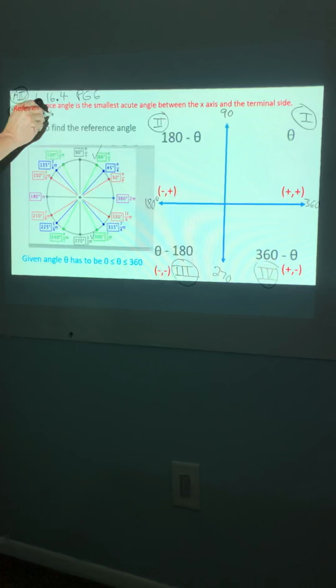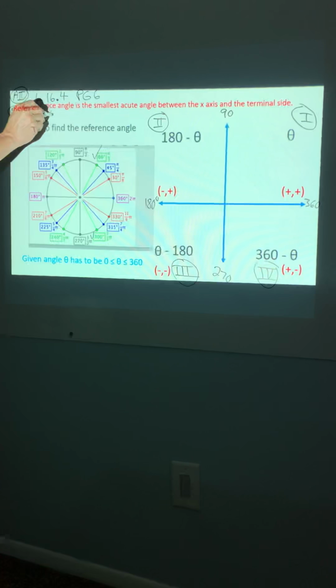So what do you do if your angle is bigger than 360? Hopefully you can read this blue. To find the reference angle, you want the given angle in this range: greater than or equal to 0, less than or equal to 360.